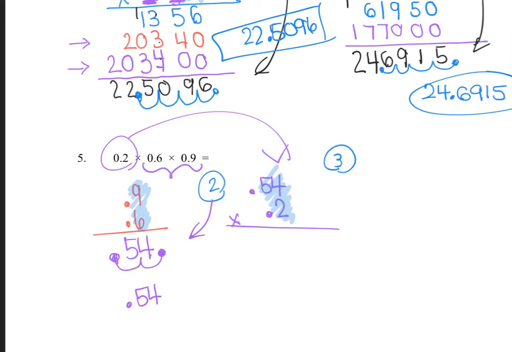And now I can do my process for multiplication. I get 8, I get 10, and I want to move it 3 places. So I get 0.108, and I'm all done.